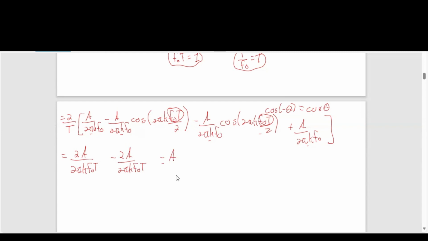Then you have minus a or minus 2a on 2 pi k f naught t cos 2 pi k f naught t on 2 plus 2a on 2 pi k f naught t.